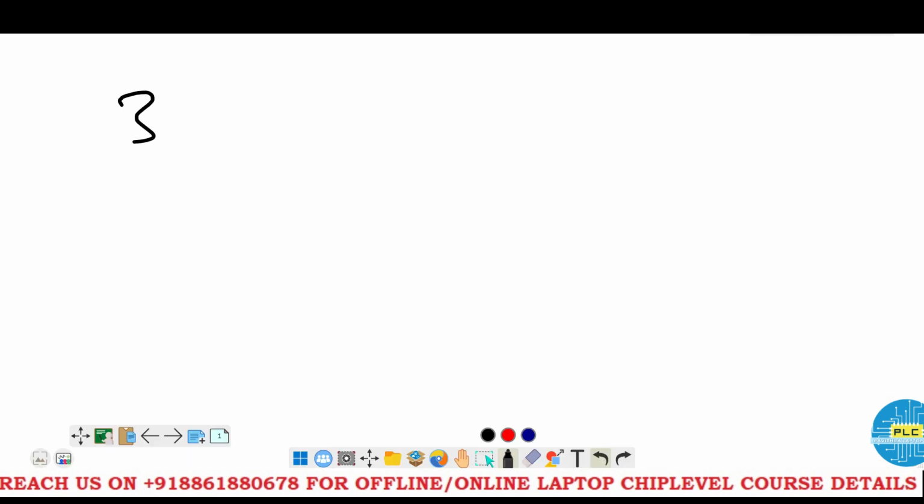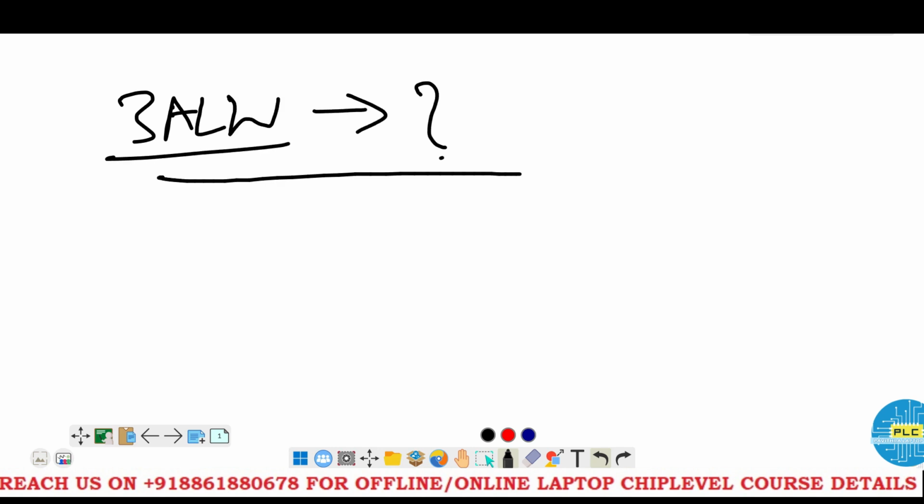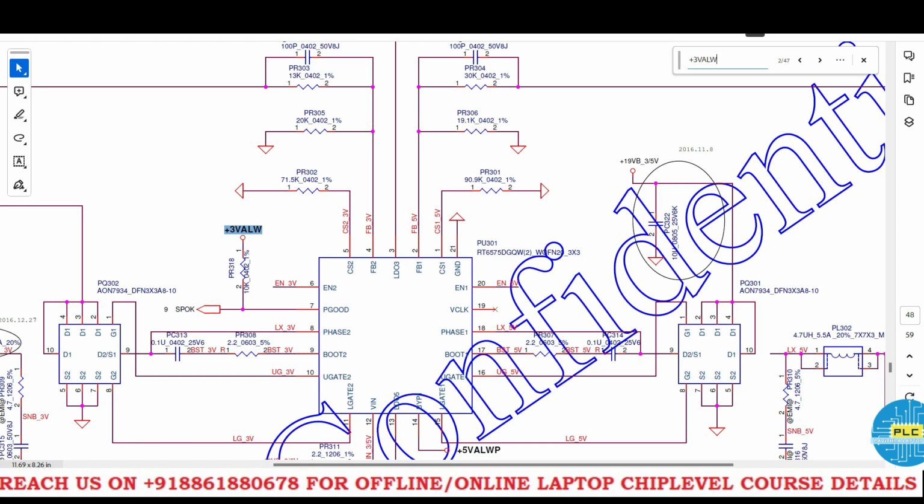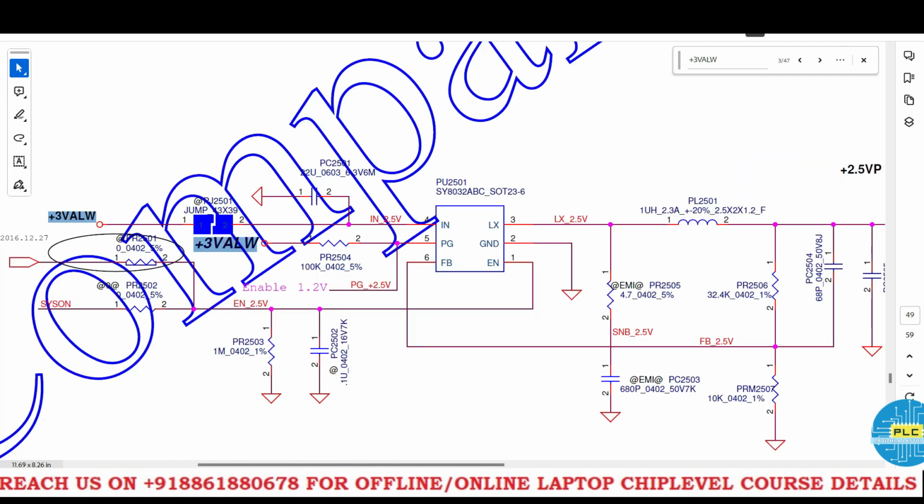The 3 volts always, where it will go and what it will generate, we will check one by one. The first process is it will carry the SPOK signal. Next, it will be the supply input to the 2.5 volts IC, and it will carry the pull up resistor.